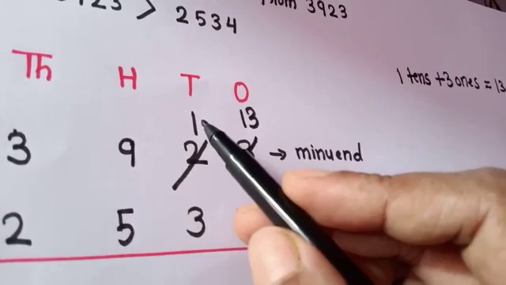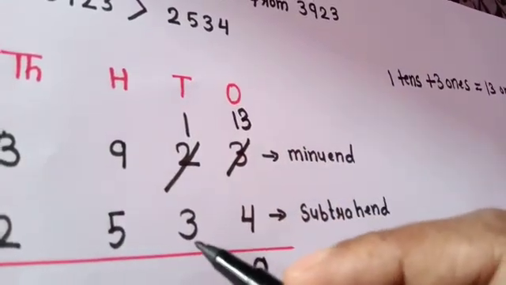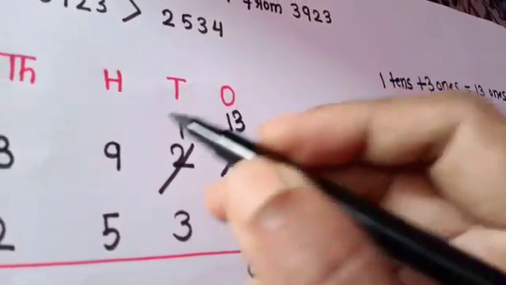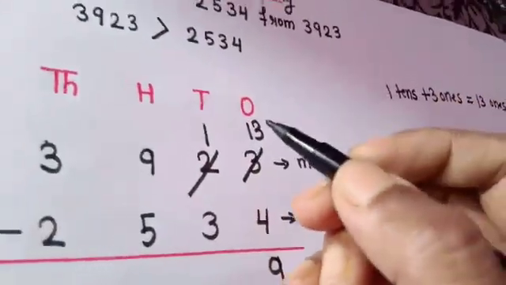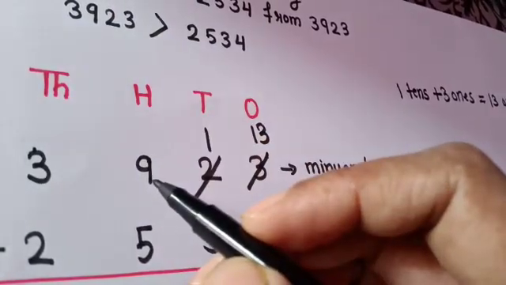Then here 1 is left and we cannot subtract 3 tens from 1 ten. So we borrow from 9 hundreds.